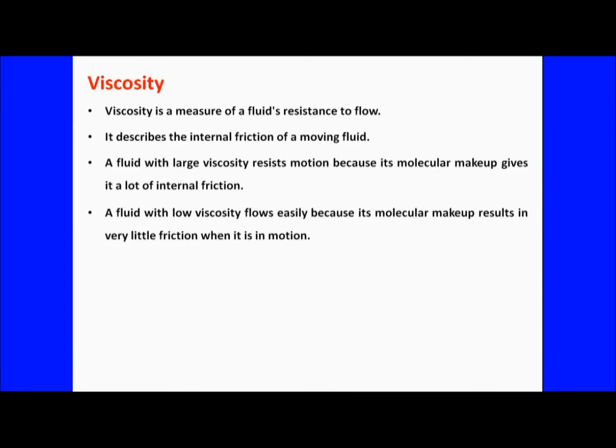For example, let us consider a flowing river. In a flowing river, we always find different velocity at different points. Suppose we consider a section of the river.